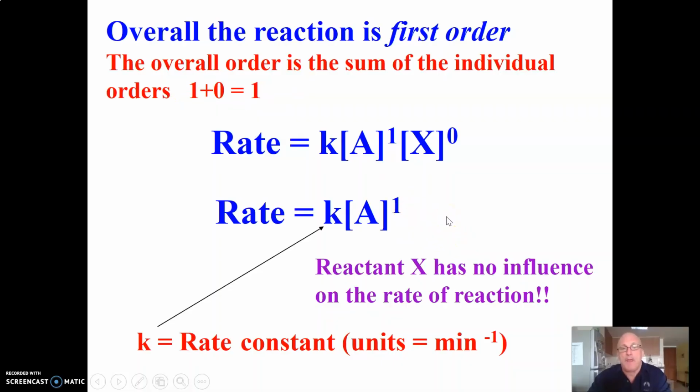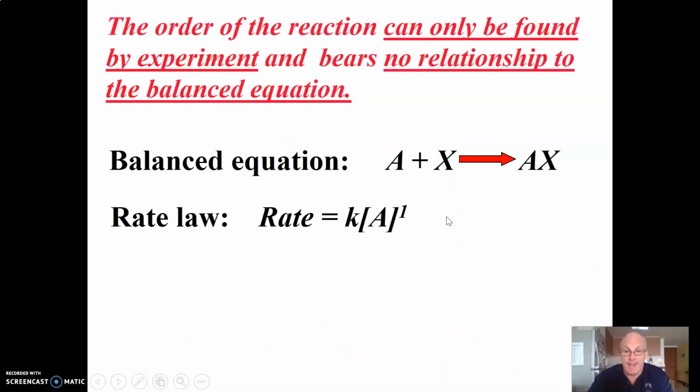Okay? Now, this is the last slide for this initial introduction, this initial video on rate laws. And I want to get something into your head, and it's got to stay in there. Okay? The rate law has got absolutely nothing to do with the balanced equation. You cannot get a rate law by looking at the equation.